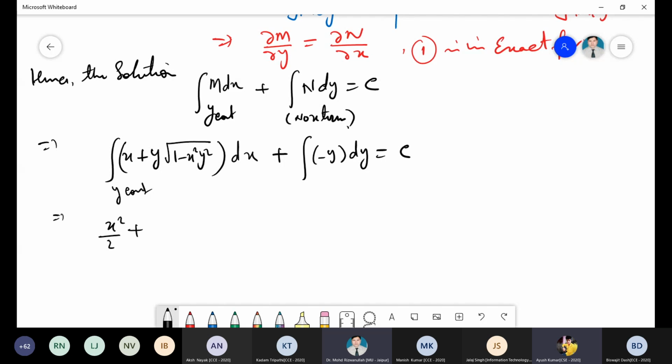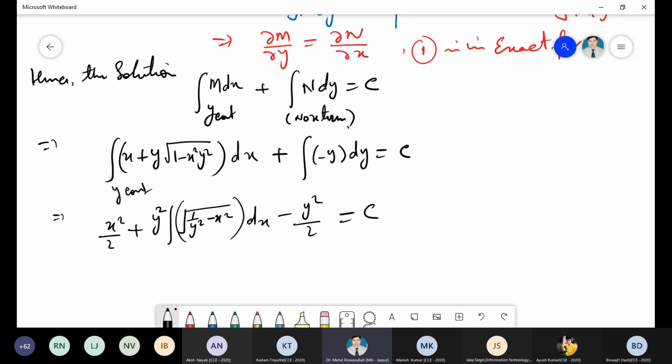Either you take sin inverse x, or you can write it like I'm just writing here: y into integration of square root of 1 by y square minus x square, taking the y square common, so this will be y square, and then dx. Correct? Is it correct? Yes, sir. And then minus y square by 2 equal to c.